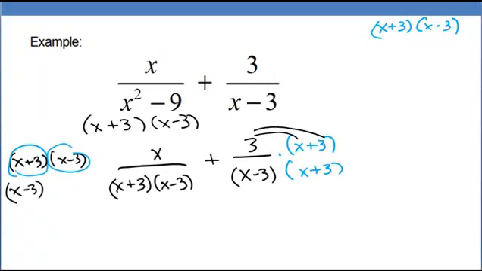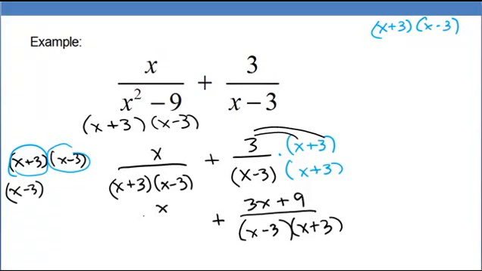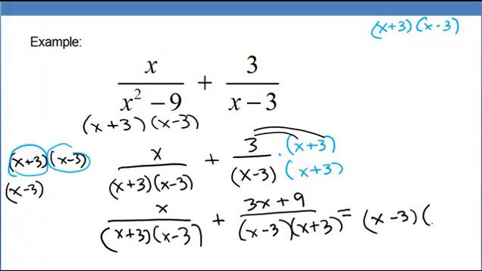So this will give us 3x plus 9 over this denominator. And now our rule is keep that common denominator and combine the numerators. So we have 1x plus 3 is 4x plus 9. There is no GCF and the exponent's 1, so it is not going to factor and will not reduce.